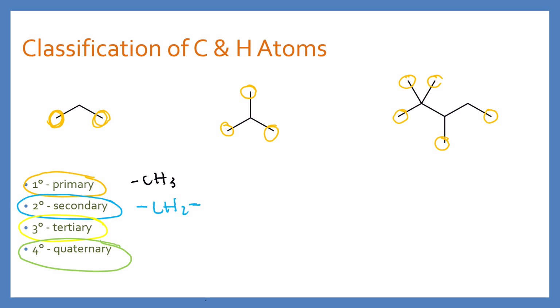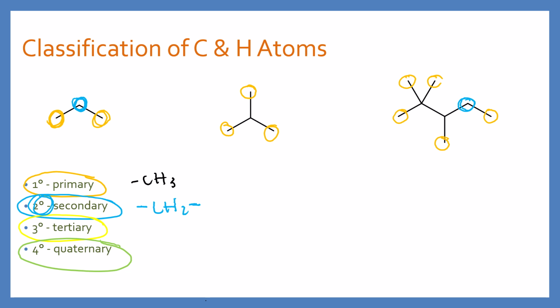If you choose anything that has the formula CH2, you'll be finding a secondary carbon. So this is CH2 and this is CH2. Both of those are considered secondary. And we can use either the 2 with the degree symbol, or we can use the word secondary when we describe it. But the 2 with the degree symbol is a little easier to put down quickly.